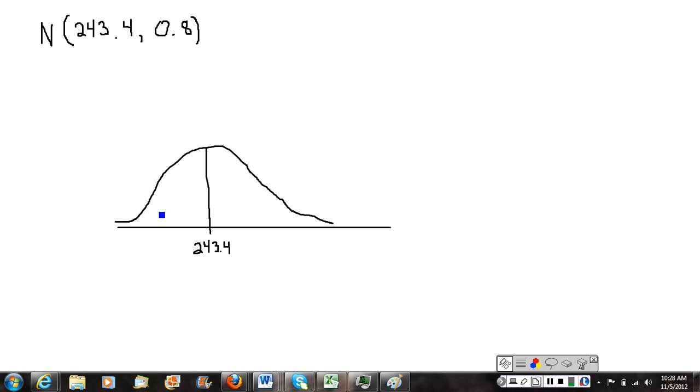So we're going to fill those values in too. So, just take any estimate you like, draw a line down and say, okay, this is the first value of interest, 241.9. And here's the second value of interest, 244.3.